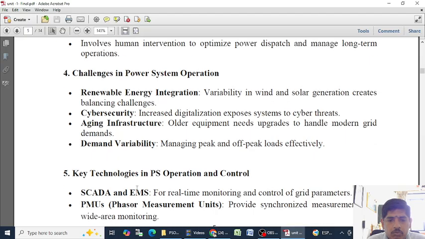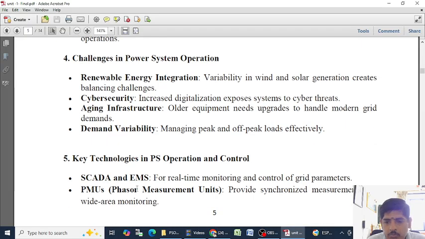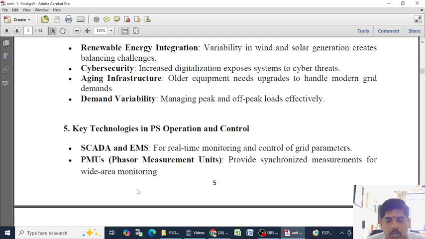Okay, and the fifth one is key technologies in power system operation and control. Apart from manual control, we go for computer-based systems with the help of the PC, through SCADA, supervisory control and data acquisition systems, and EMS, energy management systems. Okay, I have to monitor and control all the electrical parameters, so there are no manual operations.